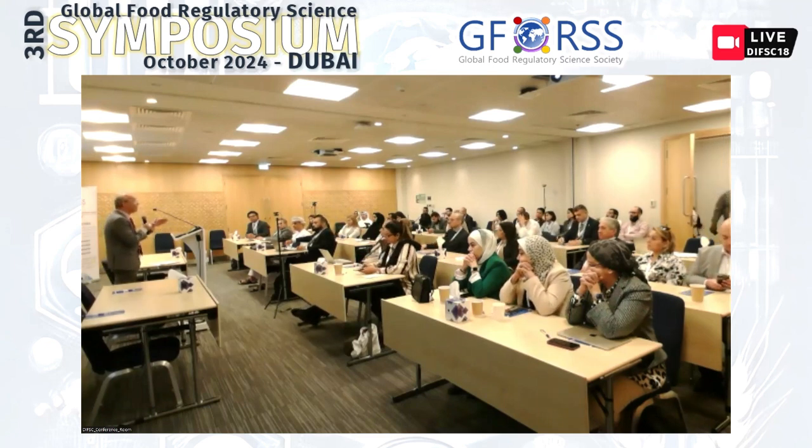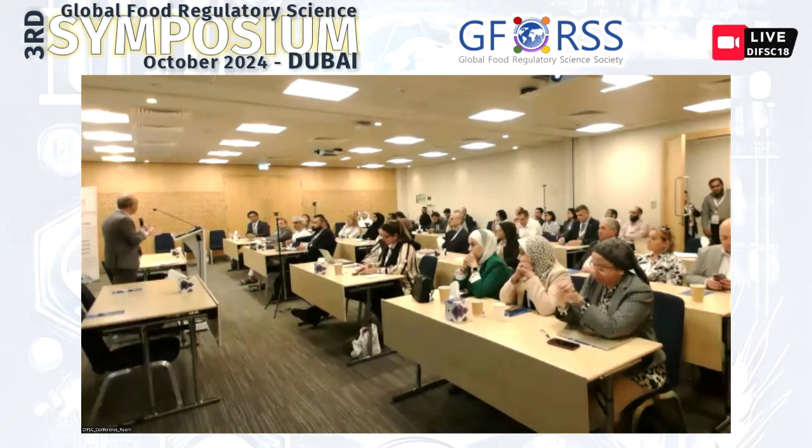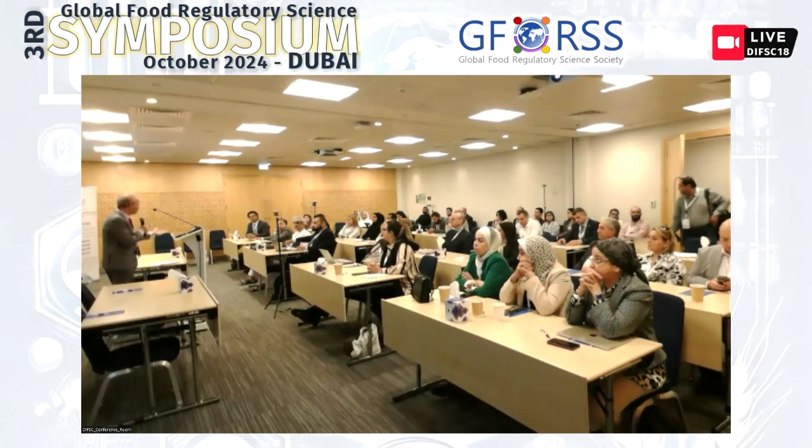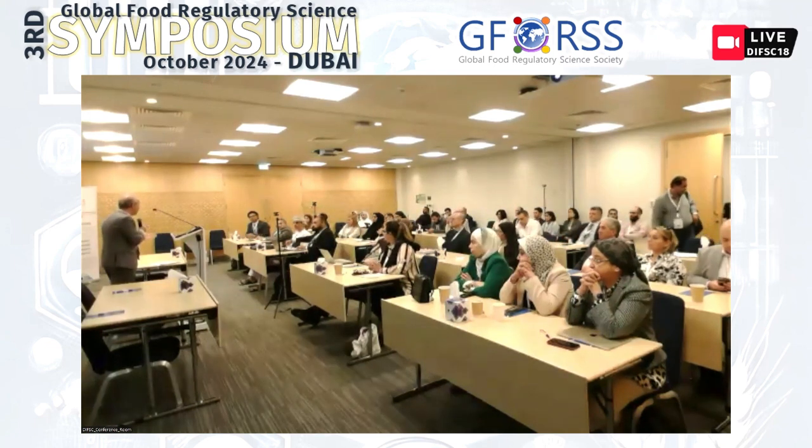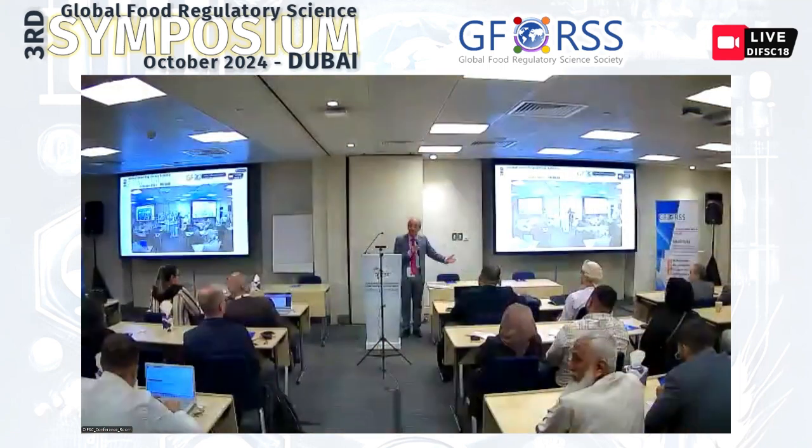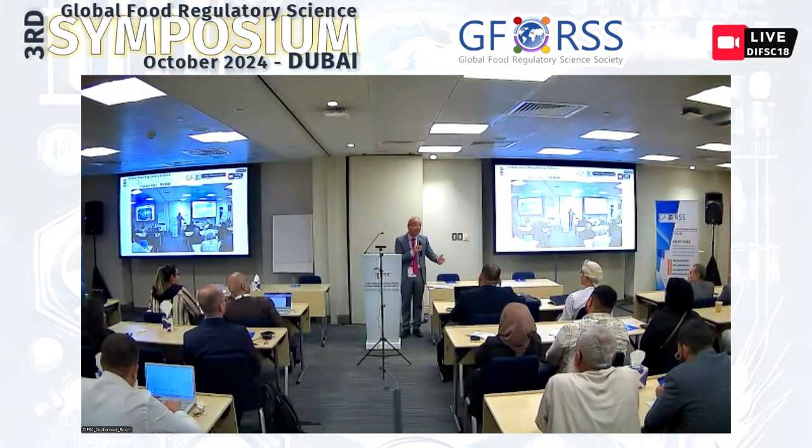In fact, when EFSA issued its report in, I believe, 2022, Health Canada did an assessment, the US FDA did an assessment, the Japanese Food Safety Commission did an assessment, and Food Standards Australia New Zealand did an assessment, and they all had differences with the conclusion of the European Food Safety Authority.